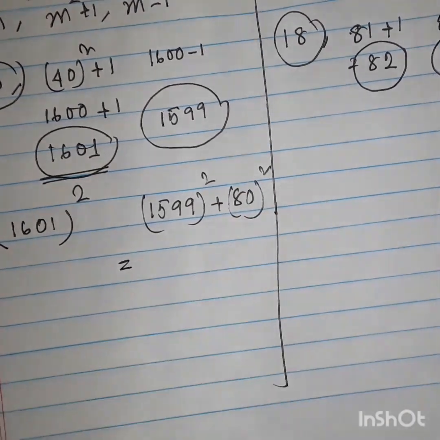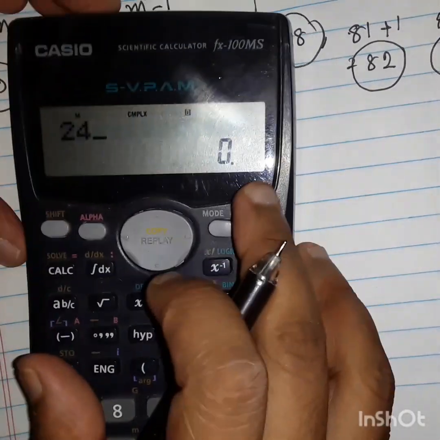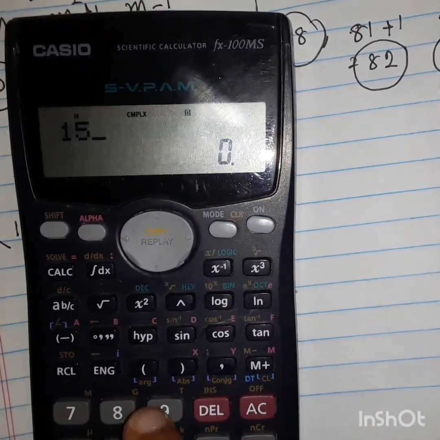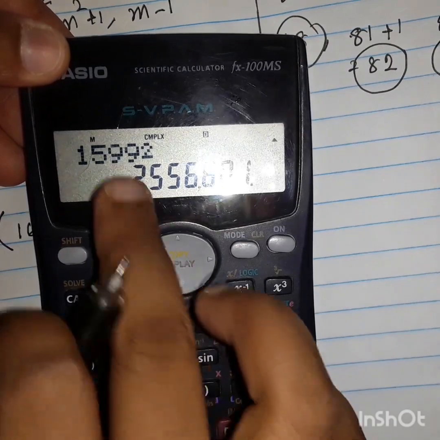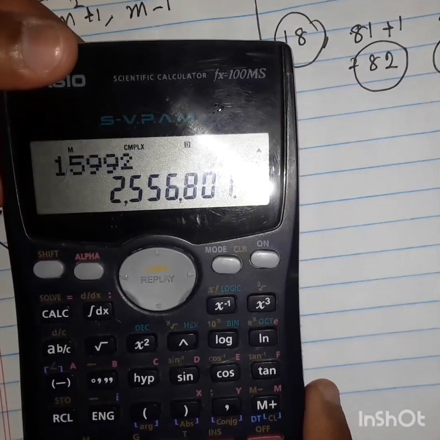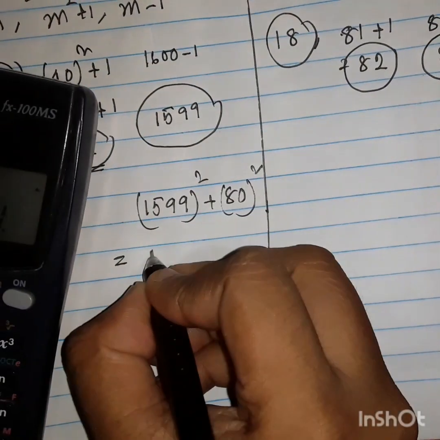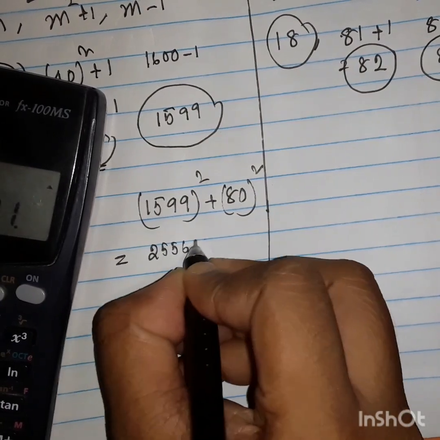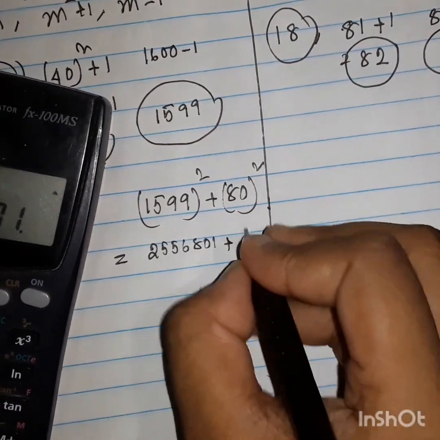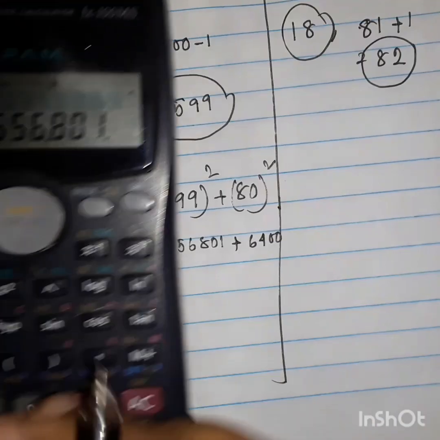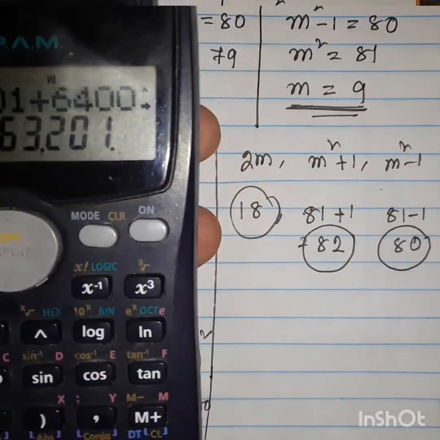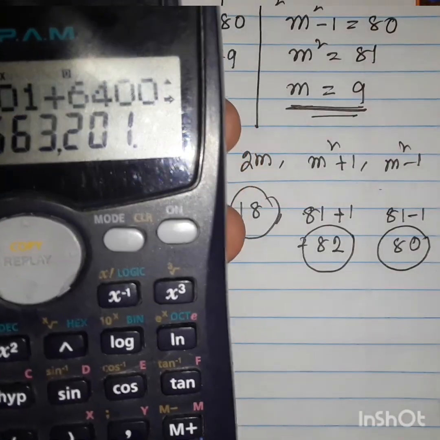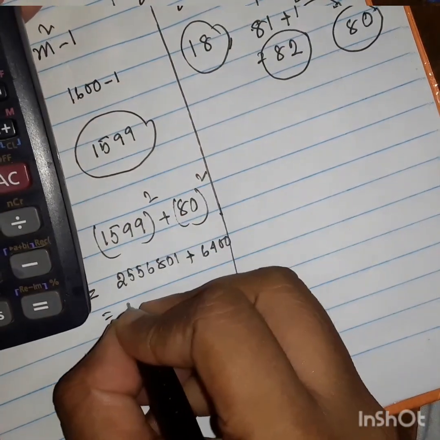Okay, so by using my calculator, 1599 squared, we have 2556801, plus 80 square, it means 6400. So if I add this with 6400, now by adding we have 2563201.